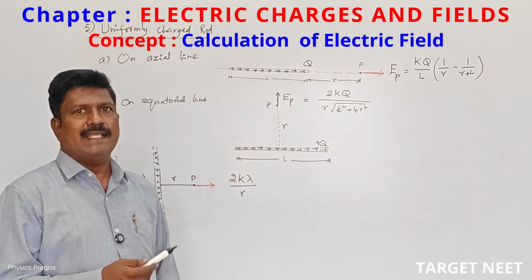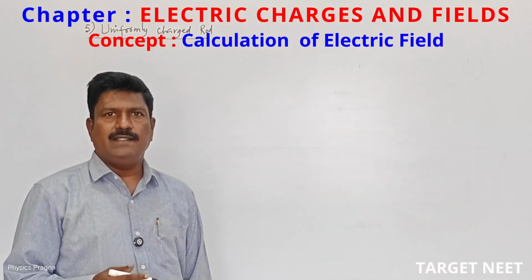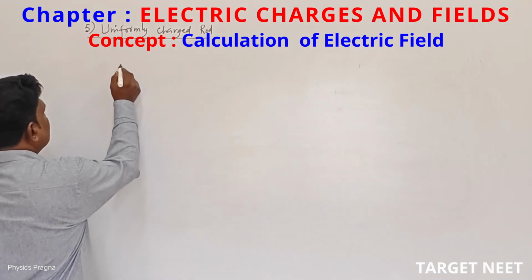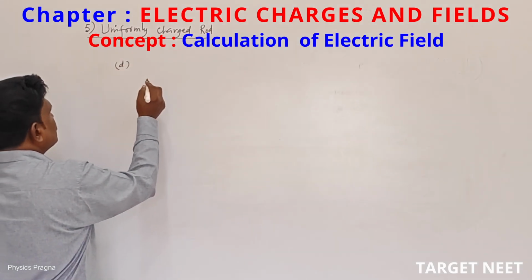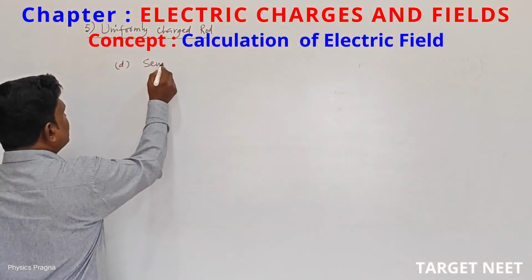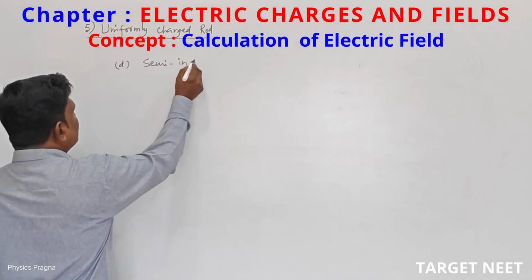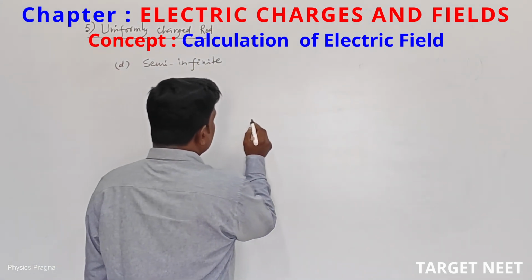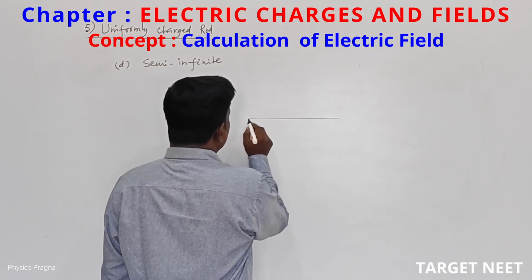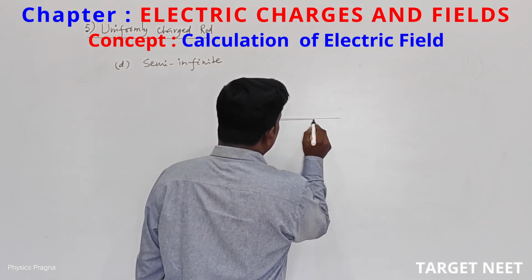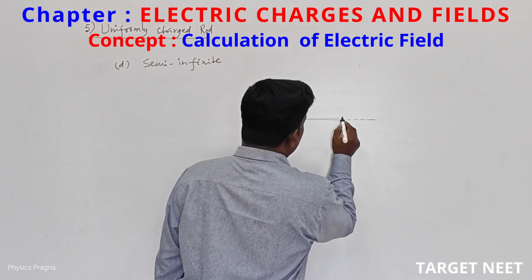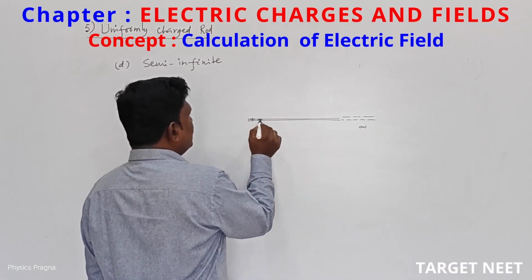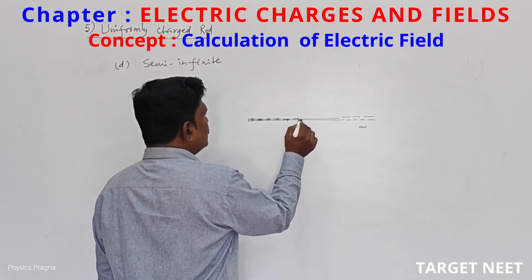Let us go to the next case: a semi-infinite uniformly charged rod. So it has infinite length on one side, and it is uniformly charged.